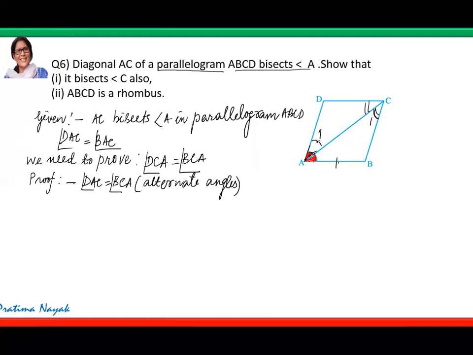So 1 is equal to here 1. Similarly, angle BAC, suppose this is 2, this is equal to DCA. Why? That is also an alternate angle.